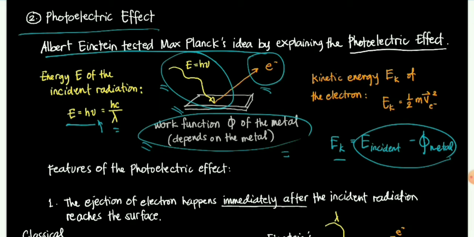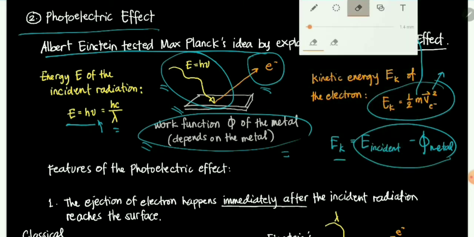So the kinetic energy of the electron can be expressed as 1/2 times the mass of the electron. So, ang mass ng electron natin ay 9.11 times 10 to the negative 31 kilograms. Okay? Yun yung ating measured value ng mass ng electron times the square of the electron's velocity upon ejection. Okay? So, please remember this equation.